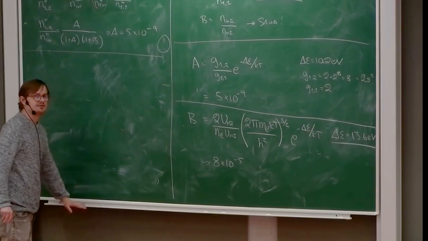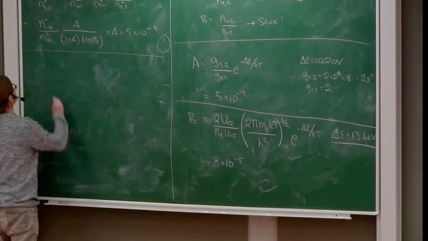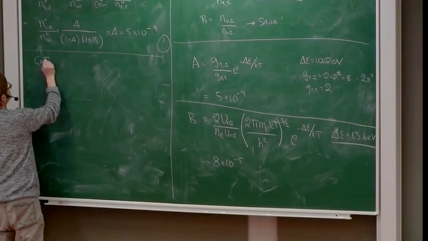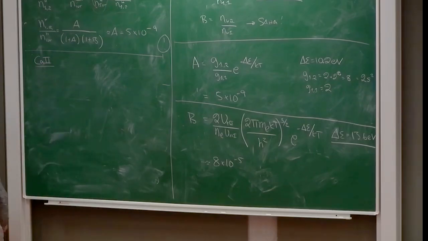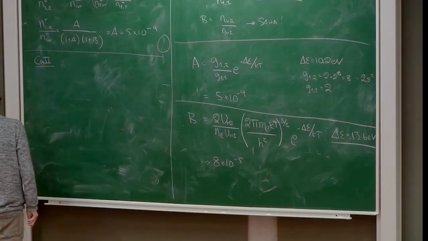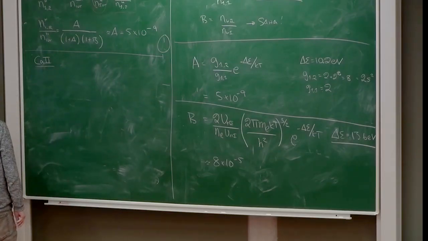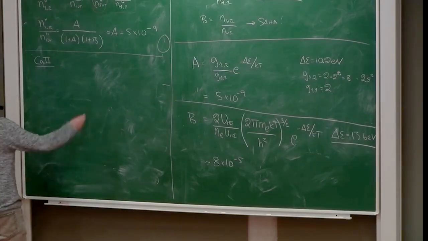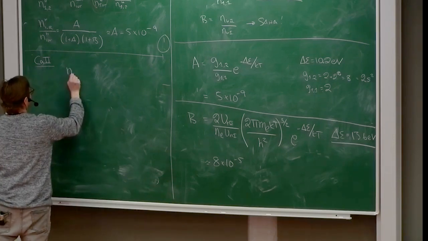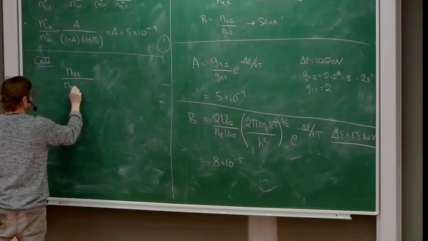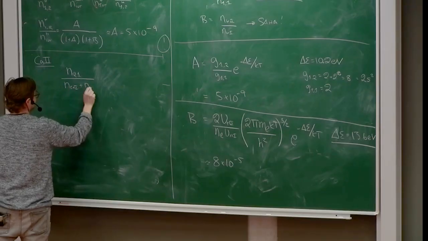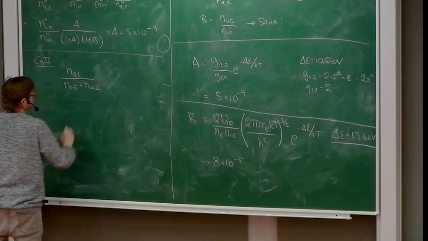All right. Now we're going to do it for calcium. For calcium too, but we're interested in the ground state of the second. Okay, so we start as before, but now N_21 divided by N in calcium 1 plus N in calcium 2.